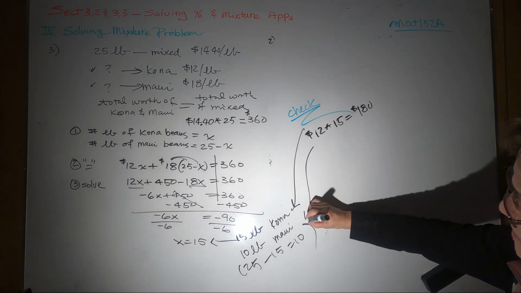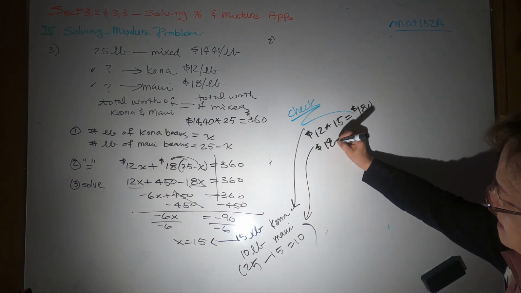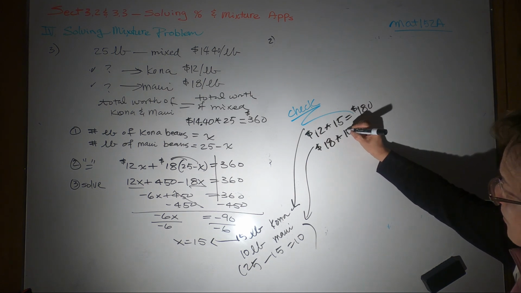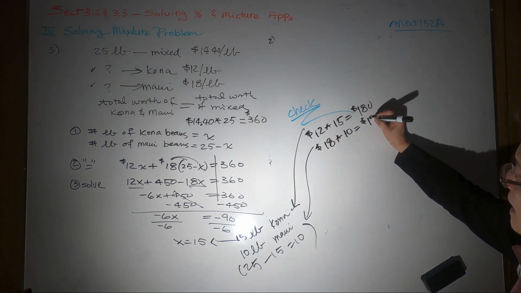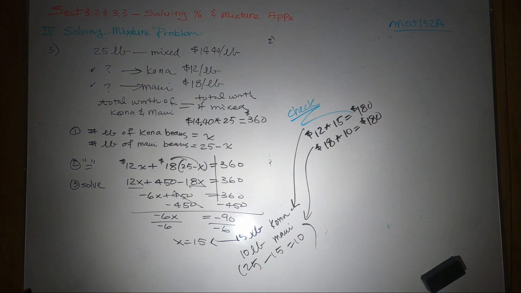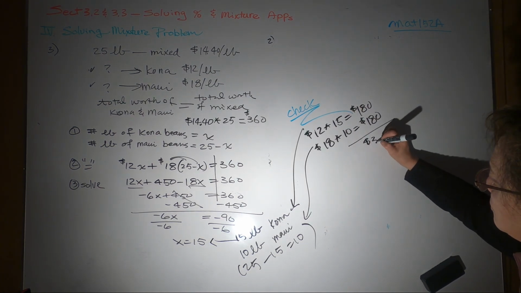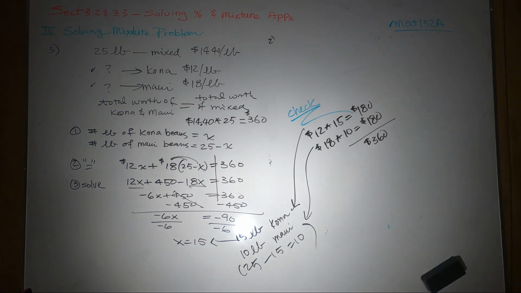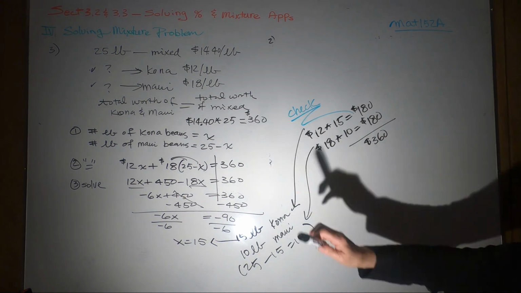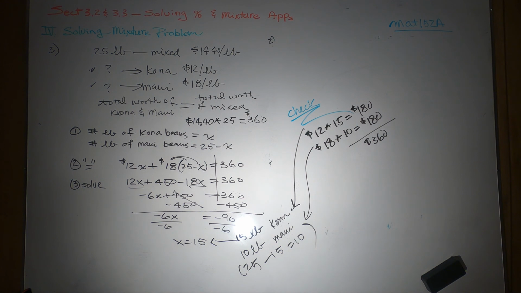How about for Maui beans? Each one is $18. You have 10 pounds. Total will be what? $180 worth. If you put them together, how much is worth? $360. That will be your total worth of the mixed beans. Is that right? That's how you check. Okay?